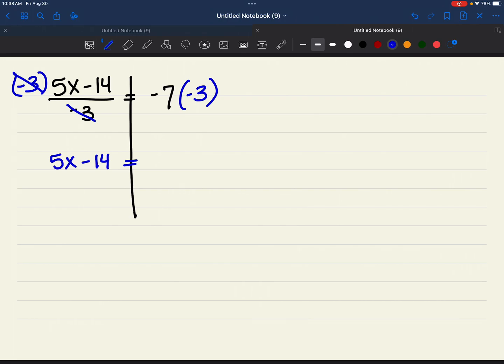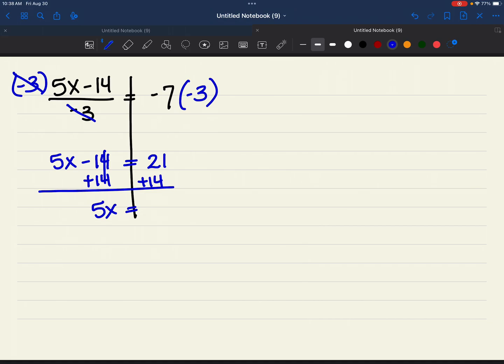So I get 5x minus 14 is equal to positive 21. Yeah, negative times a negative gives us a positive. Okay, JC, do you want to finish this? Minus 14 on both sides? Okay, if you subtract 14, is negative 14 minus 14 opposites? No. So what should you do instead?